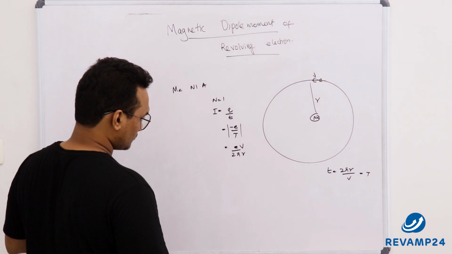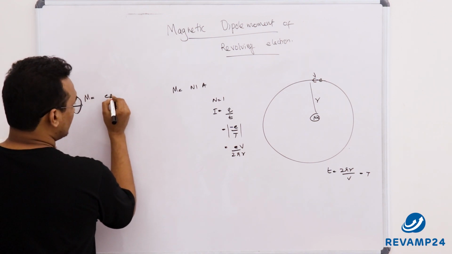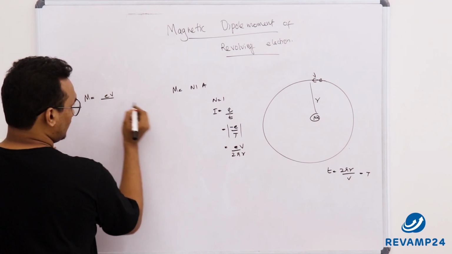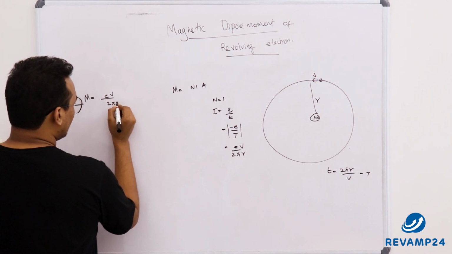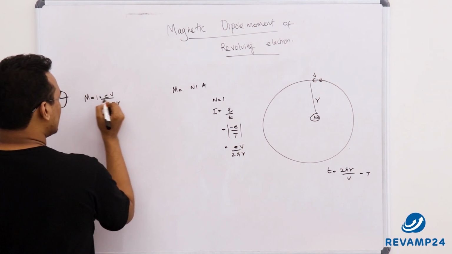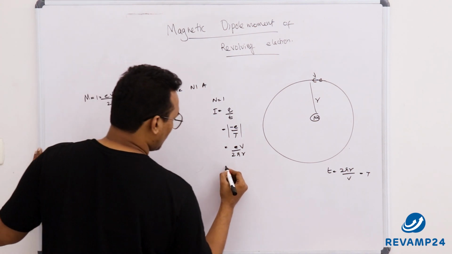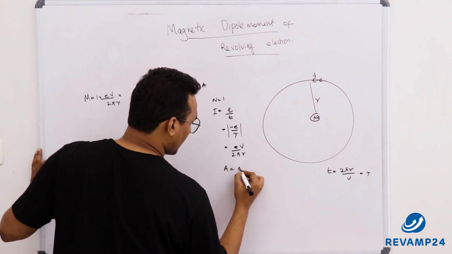Now I got the equation for current, that is EV by 2 pi R. To get the equation for magnetic moment, I have to multiply with N. N is 1 here. And I also have to multiply with the area. What is the area here? The area of this loop is pi R square.